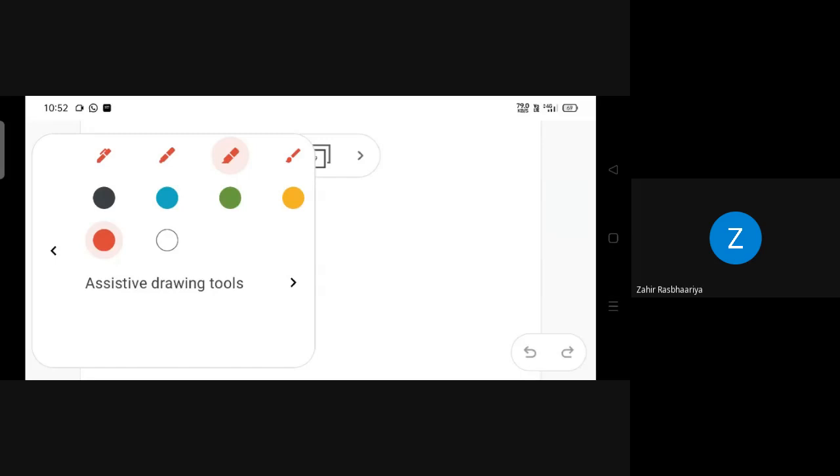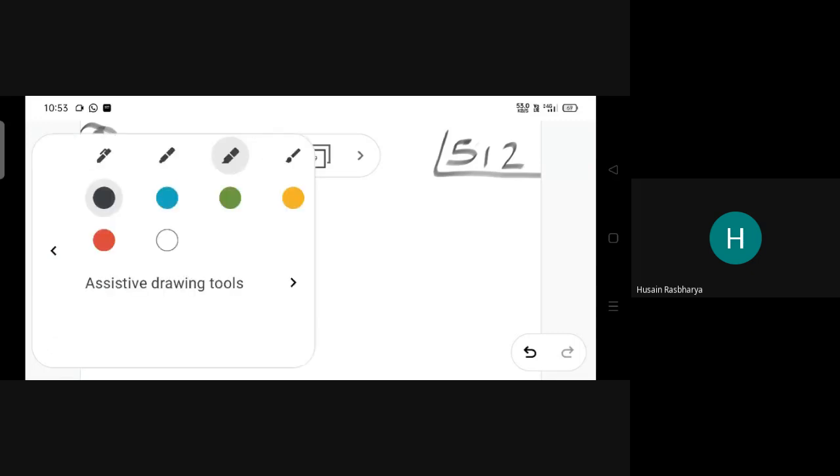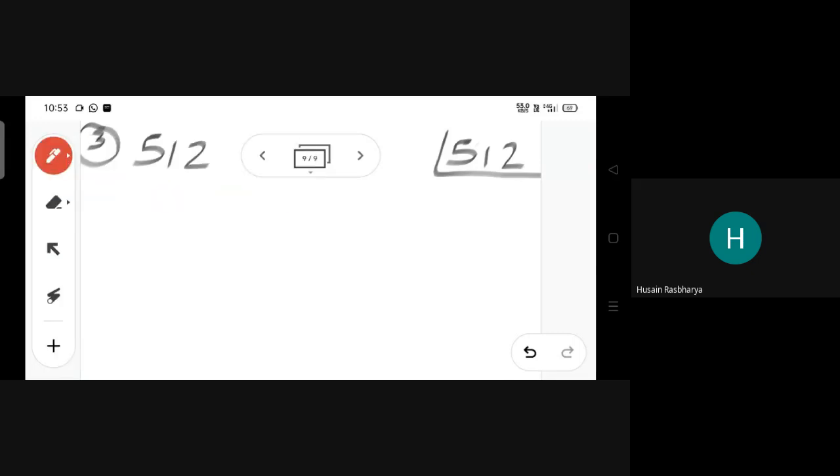Now, we will do a sum here. Question number 3, and the first one is 512. Can you do the factors of 512? You have to take 2.